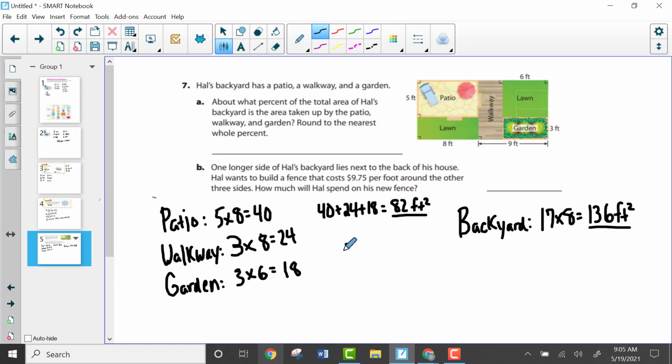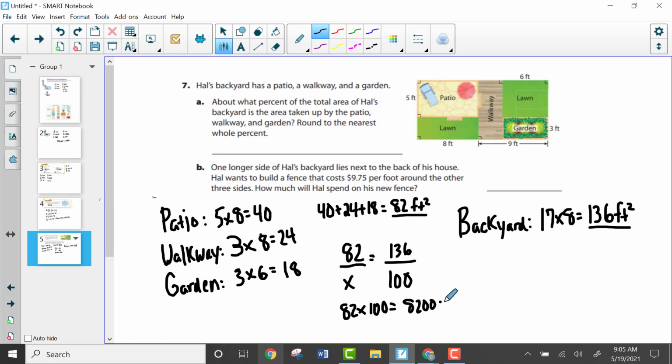So what we do is we take 82. We don't know what percentage that represents. That's going to be over X. It's going to equal 136. That's the total amount, and since it's the total amount, that's going to be over 100. So we cross multiply 82 times 100, and that's going to give me 8,200.